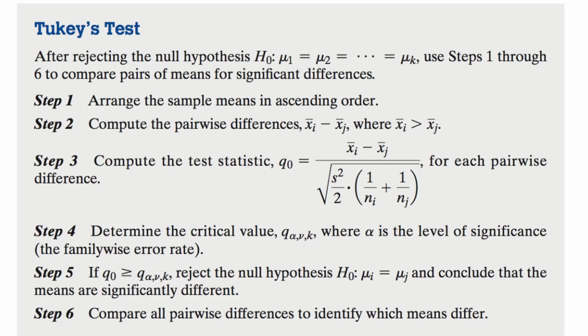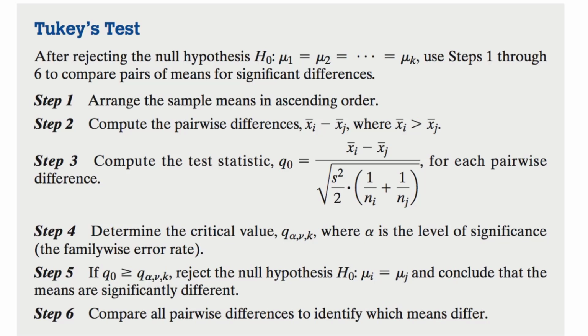In this particular example, each of the samples has 5 observations. So in other words, 1 over n sub i plus 1 over n sub j is going to be 1 over 5 plus 1 over 5, which is 2 over 5 for each of the comparisons. So recognizing that here can help you speed the process a little bit.